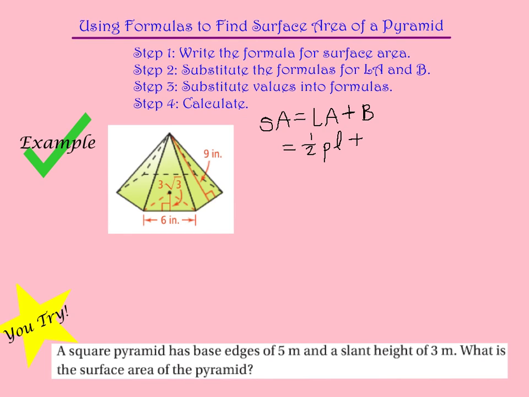And then the area of the base, well, our base here looks like it's a 6-sided figure, so we have a hexagon. Now in all of these problems, we're going to assume that our pyramid is a regular pyramid, unless it's stated otherwise. So always assume a regular pyramid.